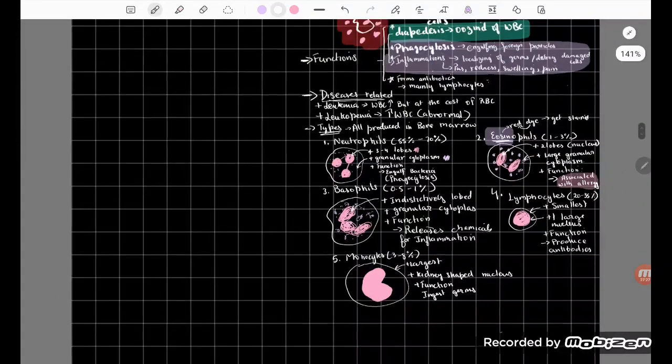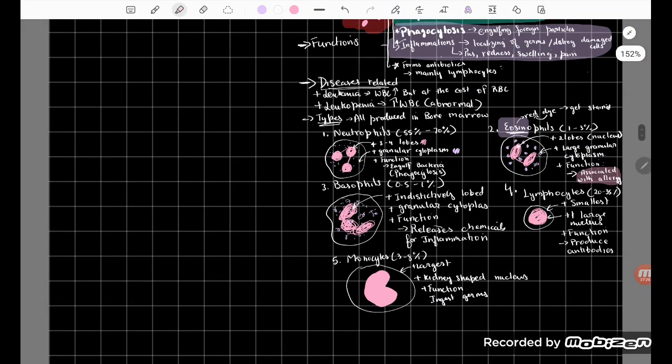Let me highlight the function so you can go through it once. Neutrophils have 3 lobes, granular cytoplasm, and engulf bacteria, which is phagocytosis. Eosinophils have 2 lobes, large granular cytoplasm, and are associated with allergies. Basophils have indistinctly lobed granular cytoplasm and release chemicals for inflammation.